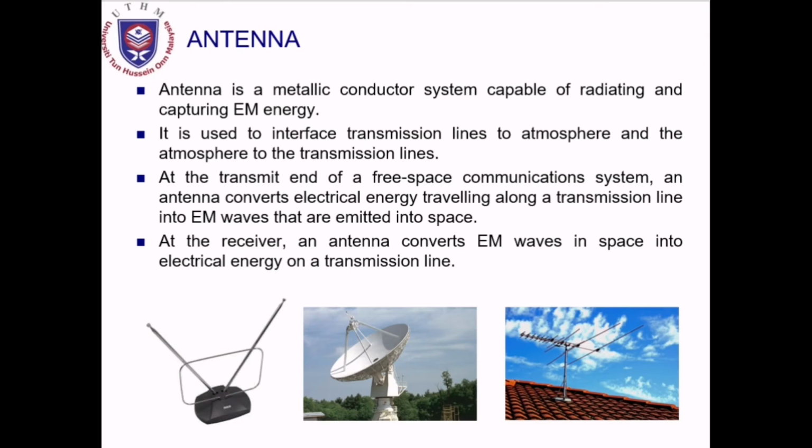At the transmit end of a free space communication system, an antenna converts electrical energy traveling along a transmission line into EM waves that are emitted into space. At the receiver, an antenna converts EM waves in space into electrical energy on a transmission line.